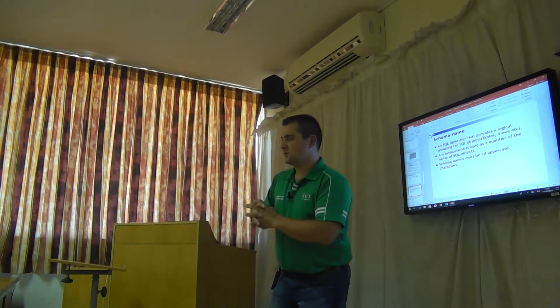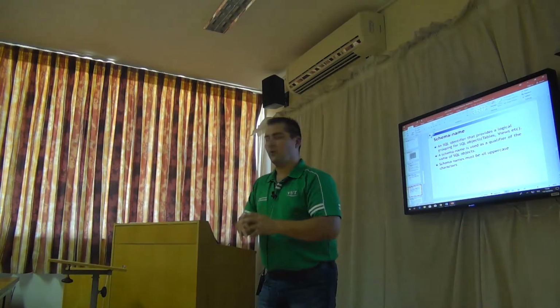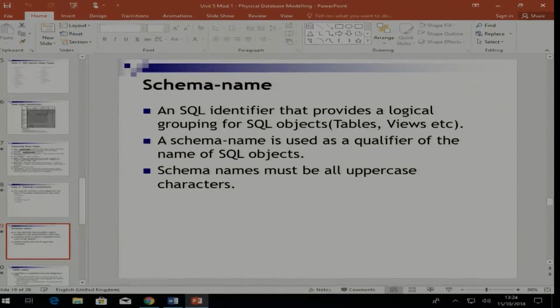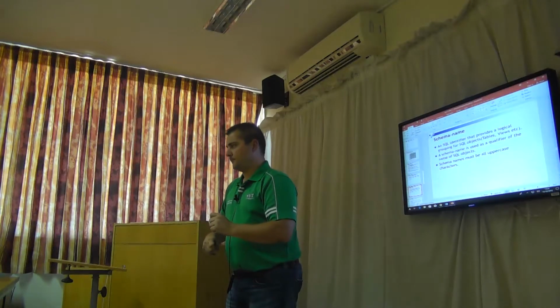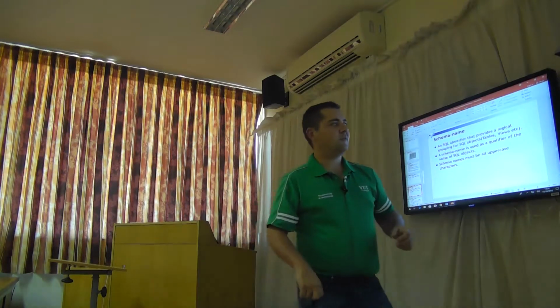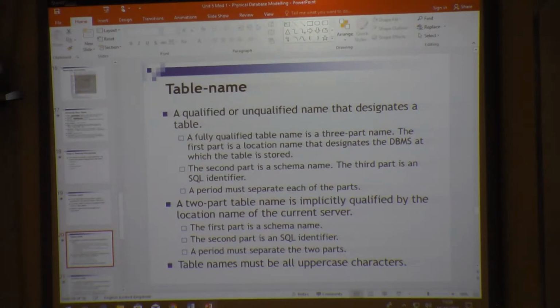It helps us to organize a very complex data structure into smaller portions. Your schema name is used as a qualifier for the SQL objects from there on, and it can be separated by a period. So you can have schema name dot table name. Normally we will have our schema name in all capital letters when we define it.